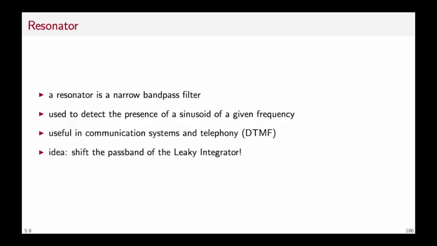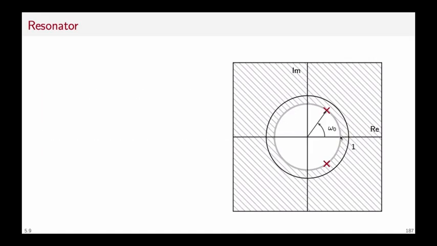The idea is to obtain a resonator by shifting the passband of the leaky integrator. Remember, the leaky integrator has a pole in lambda here, and the idea is to move the pole radially around the circle of radius lambda to shift the passband at the frequency that we're interested in selecting.